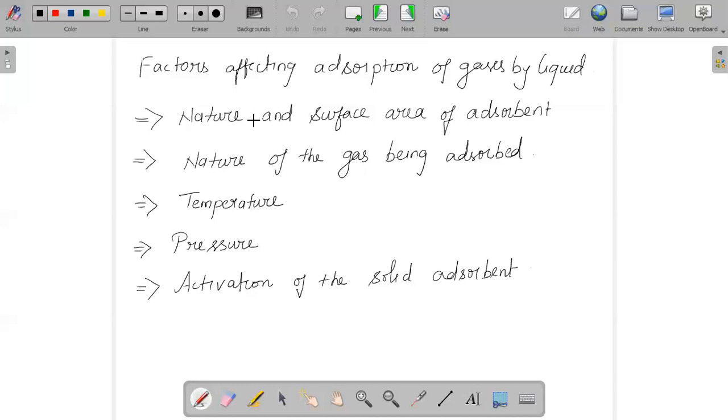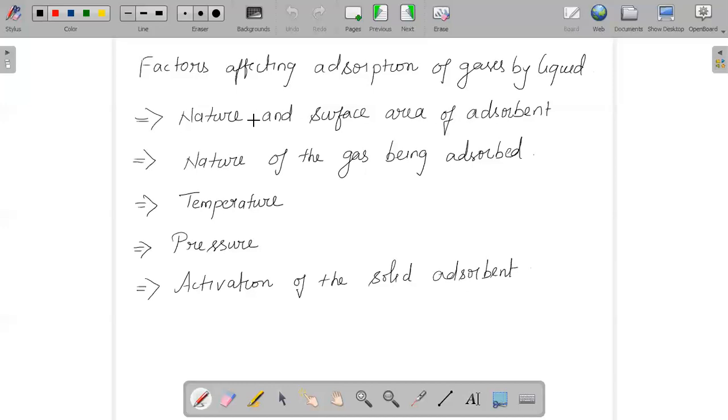The nature of the gas will also play a role, because different gases are adsorbed to different extents even by the same solid.